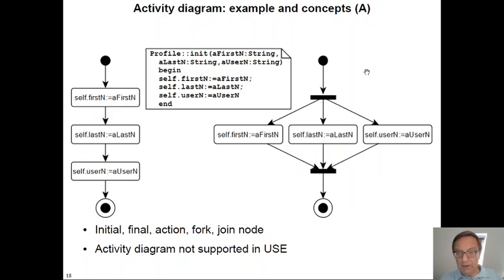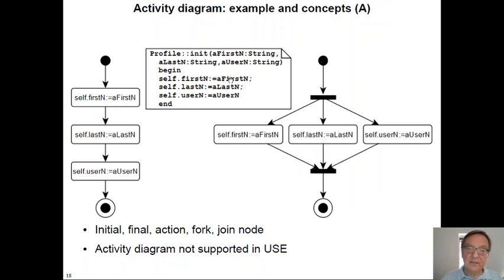This is an alternative specification of what is going on here. It has a different semantics than this here. This is a strict sequential order. Here, the activities are split. The fork node splits the activities, and the join node brings together the activities again.